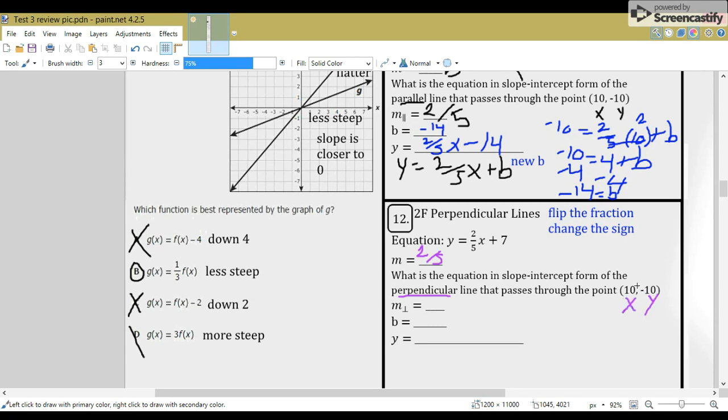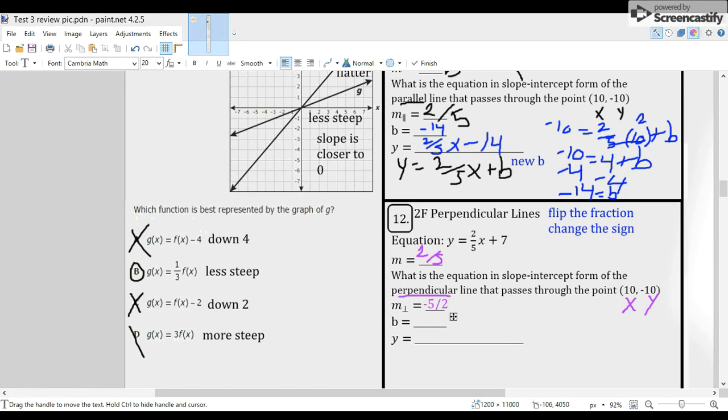Again, change your point on your paper to this number if you haven't already. Our original slope is 2/5. So when you have a perpendicular slope, you flip the fraction, change the sign. So instead of 2/5, we have 5/2. Instead of positive, we have negative.